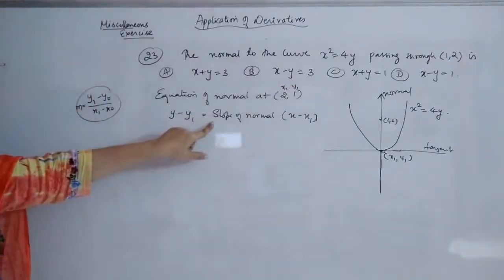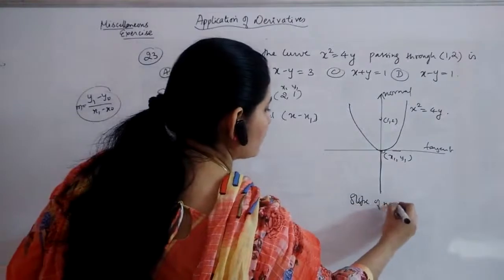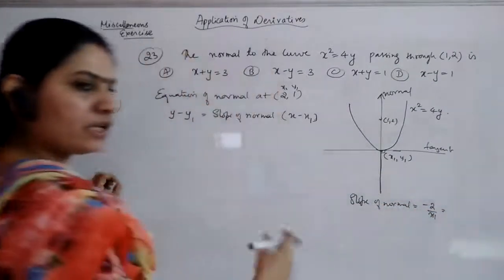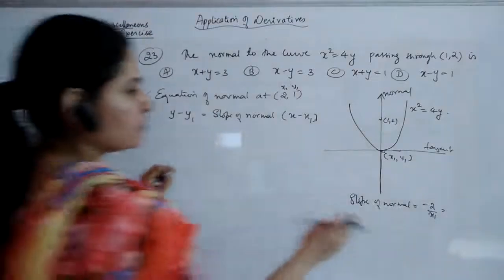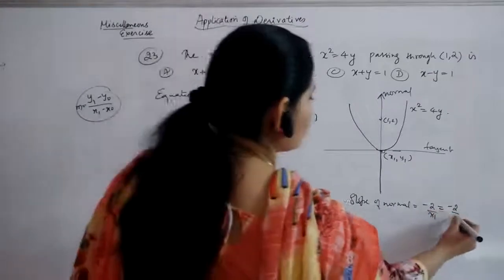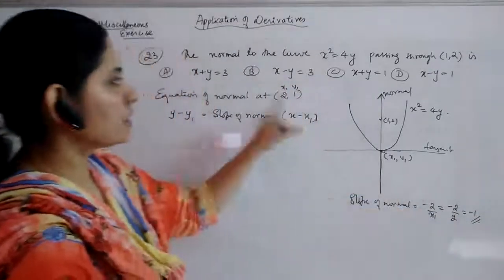Now what is the slope of the normal you got? Slope of normal was minus 2 by x1, or in any of the things you can replace because both will give you the same answer. Minus 2 by x1, you got it to be 2, so the slope is minus 1.